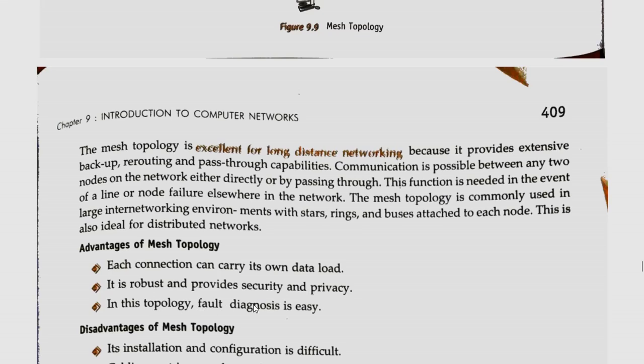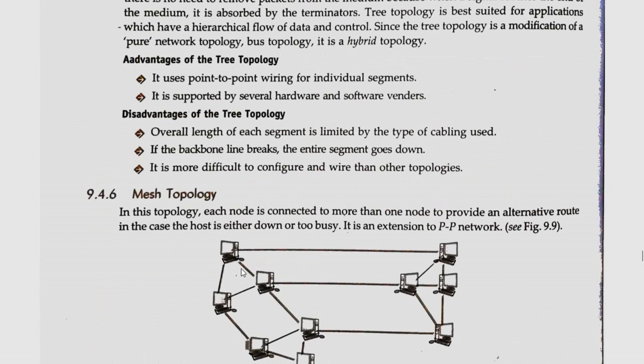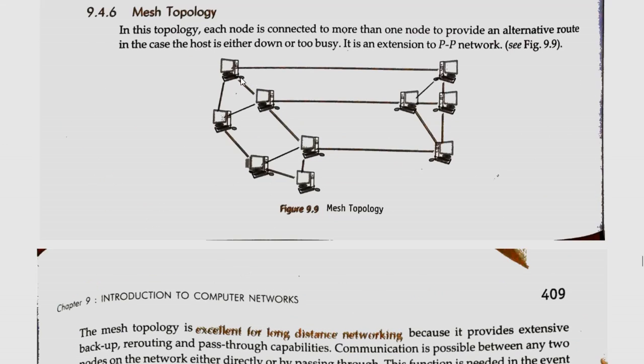In this topology, fault diagnosis is easy. You know this, that fault diagnosis becomes far too easy here, because if this system is having a problem, multiple sources are there. If it is not getting the information from here, it is getting the information from here. Try to understand this.